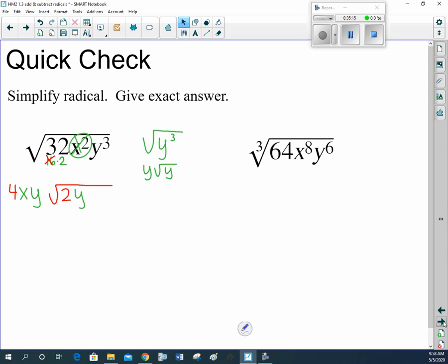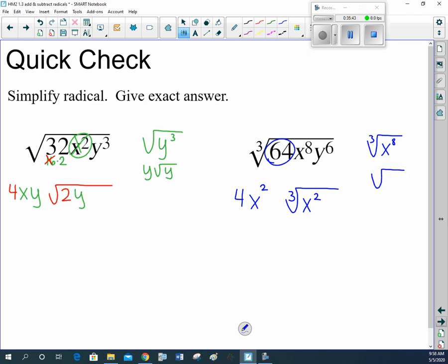Okay, over here, we're just going to work left to right. So to start with a number, what is the cube root of 64? It's 4. So I'm going to bring that out. And now I've got x to the 8th. So it's just like saying, what's the cube root of x to the 8th by itself? Well, 3 goes into 8 2 times with 2 left over. Okay, and now we're going to move over to the y.